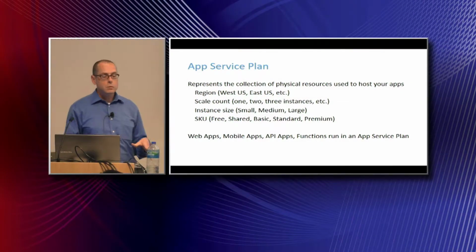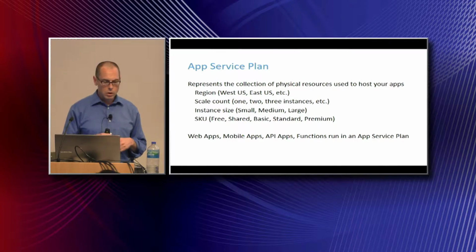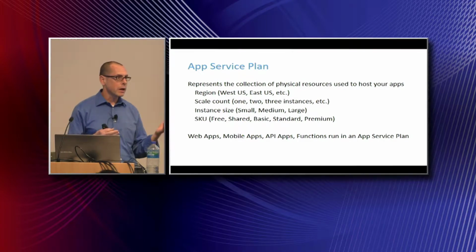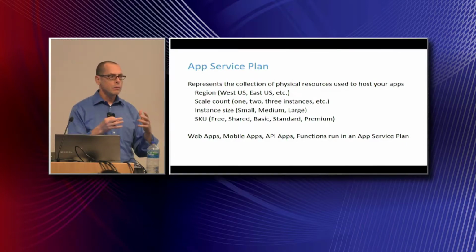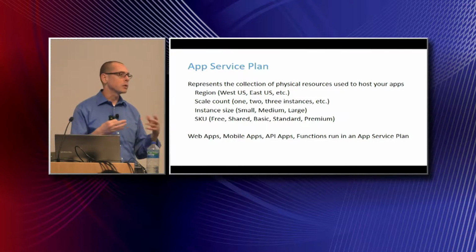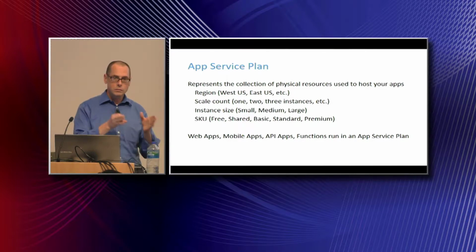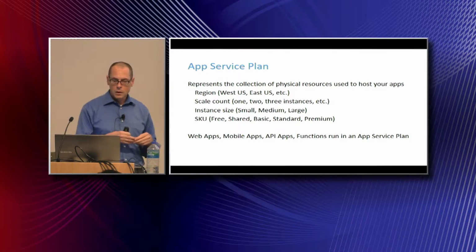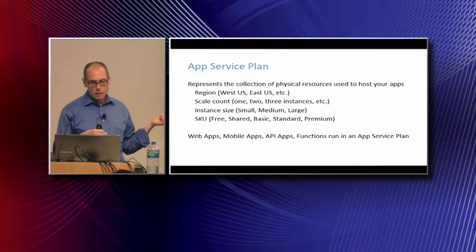So an App Service Plan is sort of the container that a web app, mobile app, or API app runs in. It kind of compares to, say, a VM. So what size of processor do you need? How much RAM do you need? You get to pick from sets of what they call SKUs and instance sizes.